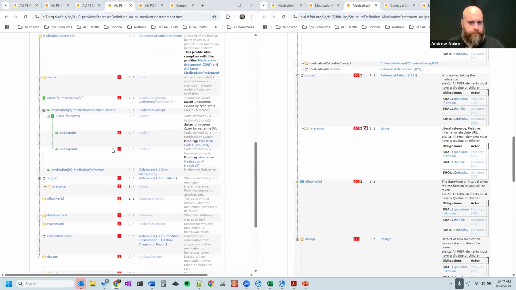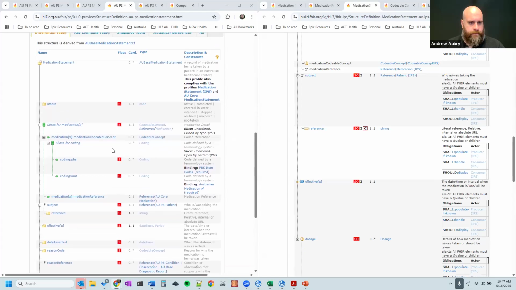Any other additional thoughts? Again, for all the medications and medication statements and requests, it is inheriting those slices for PBS and AMT. I think that's a much strongly preferred thing for Australia.